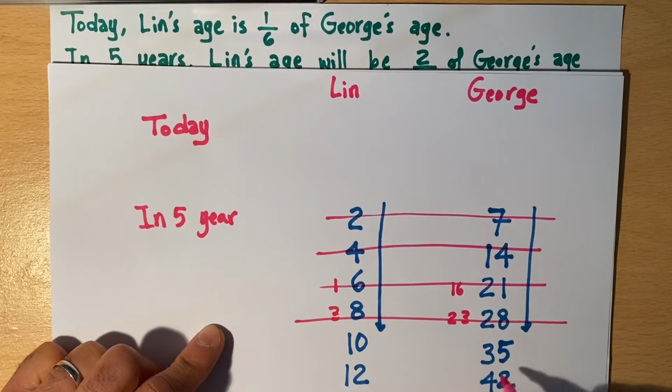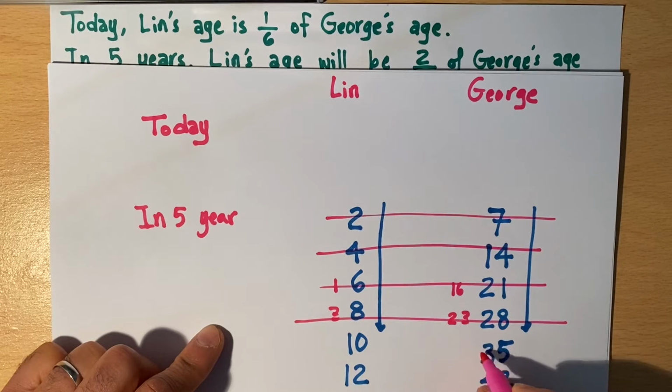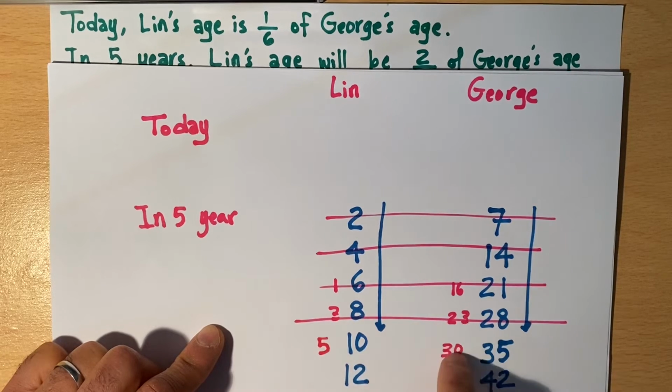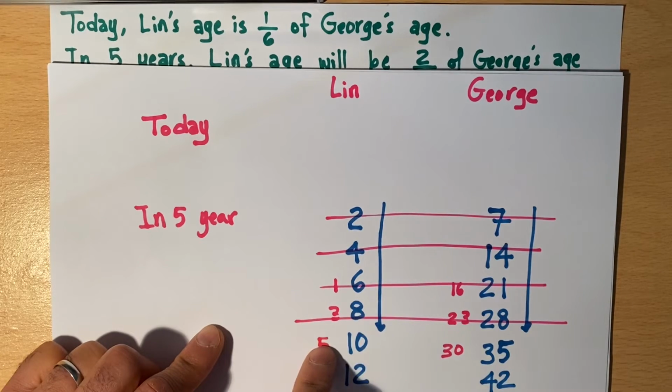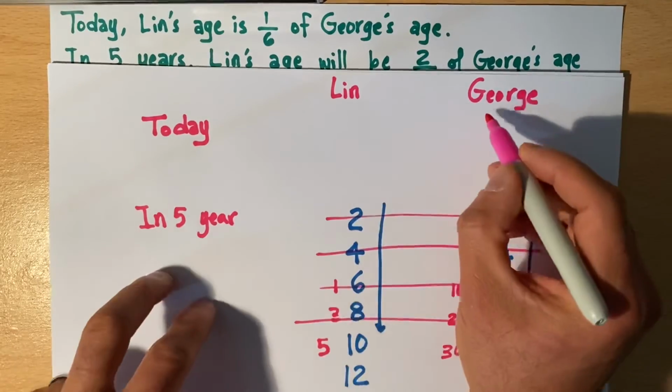Now we get to something promising, 35 and 10. So 5 years ago George was 30, and 5 years ago Lynn was 5. 30 to 5, 5 is 1/6 of 30, so that satisfies the condition. So we know right away that George was indeed 30.